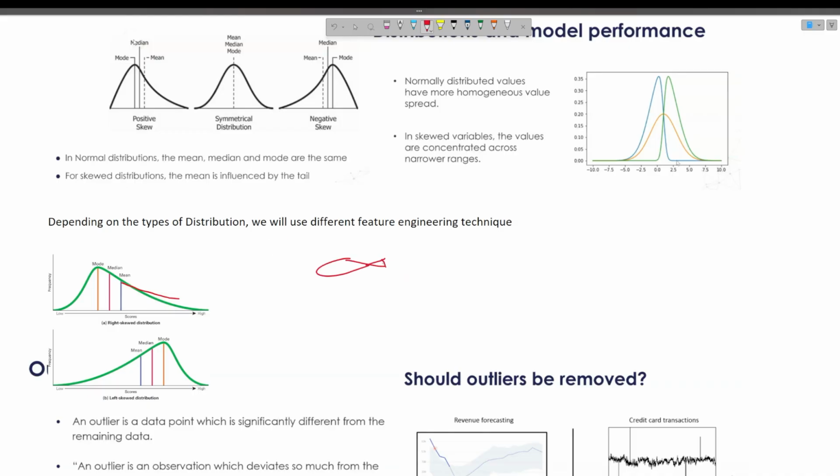Assume there is the center and there is a huge, long right tail. But here the left tail is huge. We can plot them and see this kind of distribution of values, obviously on the y and x axes.